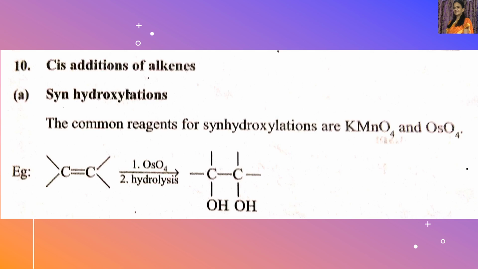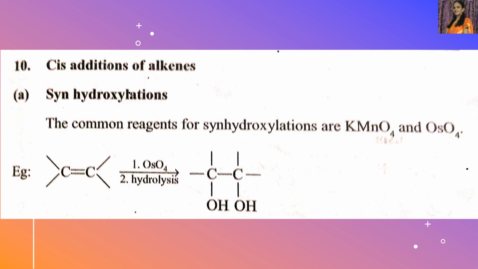Two OH groups are added to adjacent carbon atoms, that is the doubly bonded carbon atoms, in syn direction or cis direction. So in syn hydroxylation, the two OH groups are present on the same side of the double bond. Then it is known as syn or cis addition.